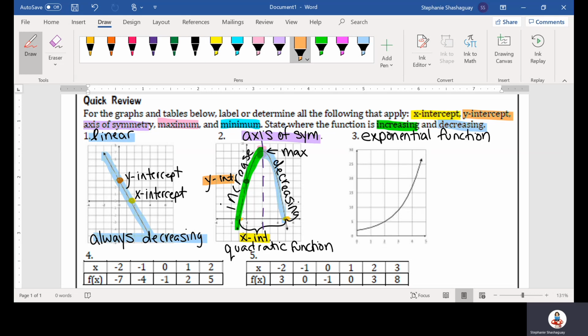But we do have a y-intercept, which is right here, and I will label that as our y-intercept. There is no axis of symmetry, and there is no maximum value or minimum value for an exponential function. So the only thing left to determine is whether it is increasing or decreasing, and this function is increasing.